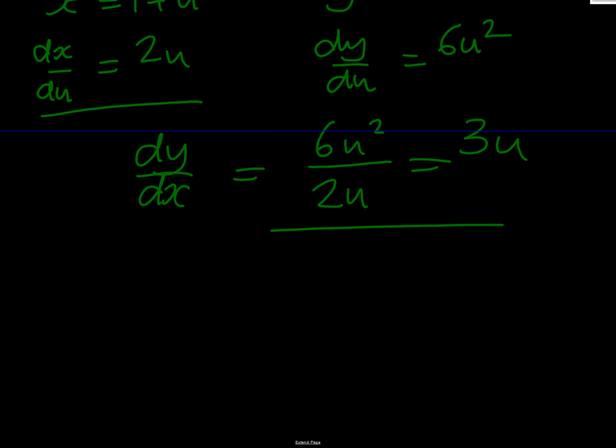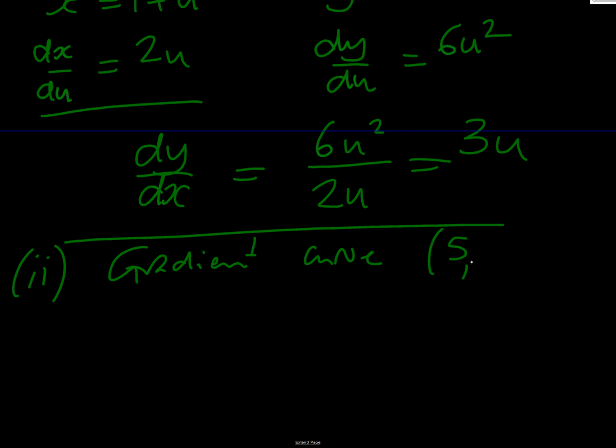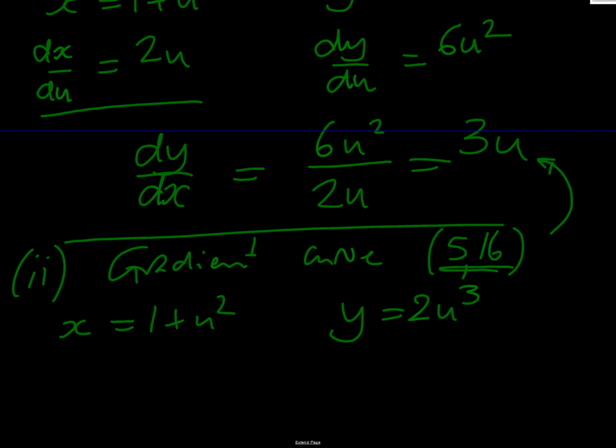Okay, and the next thing they've asked us to do was to find the gradient of the curve at 5, 16, and they gave us the equations earlier. So we had x equals 1 plus u squared and y equals 2u cubed. So now we need to find the value of u for this point, the 5, 16, so we can substitute it into the equation there for 3u.